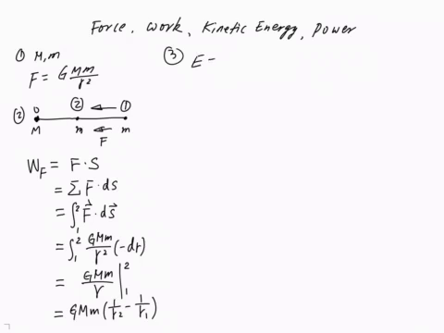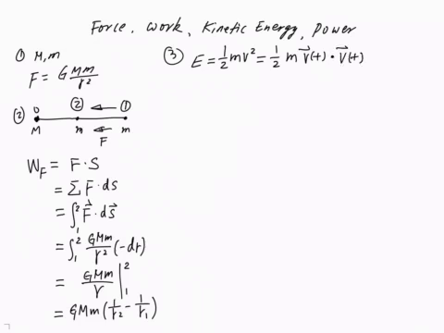Kinetic energy, let's say E, is usually written as 1/2 m v squared. To make this general, we can write it as 1/2 m v, a vector, dot v.